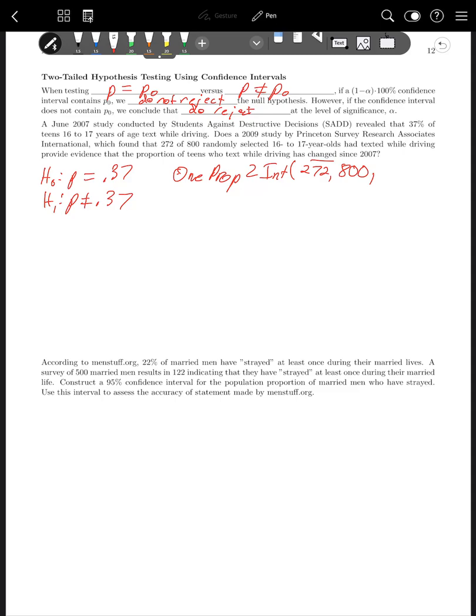It doesn't give us a value, at least I don't see it, so let's just go and use alpha equals 0.05 because that's the most common. So that would be 95%. 1 minus 0.05 is 0.95.